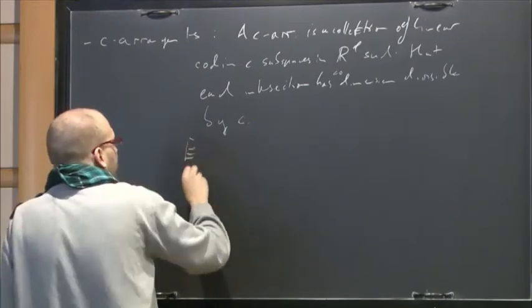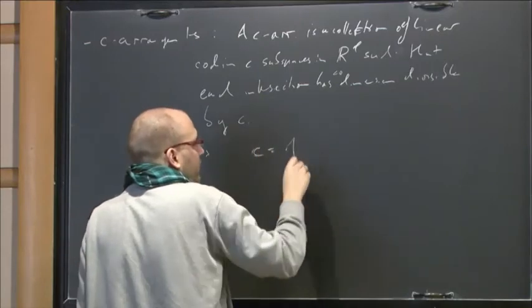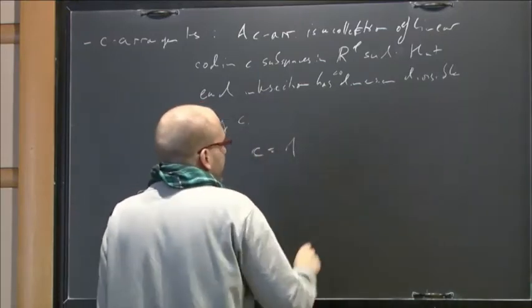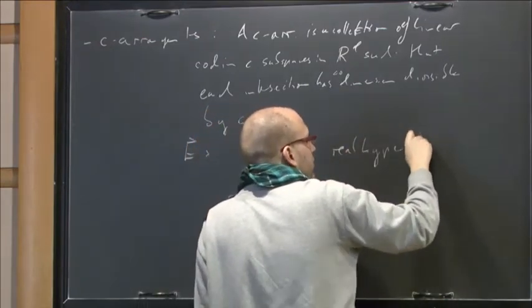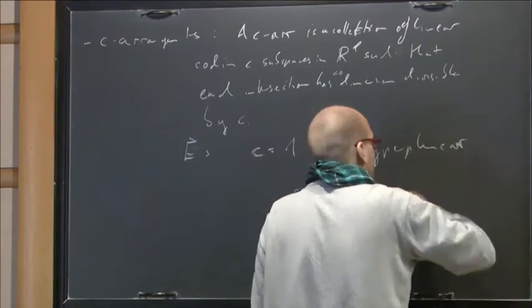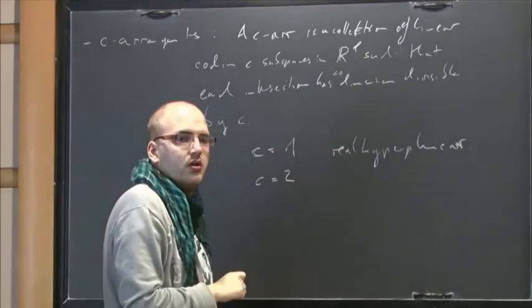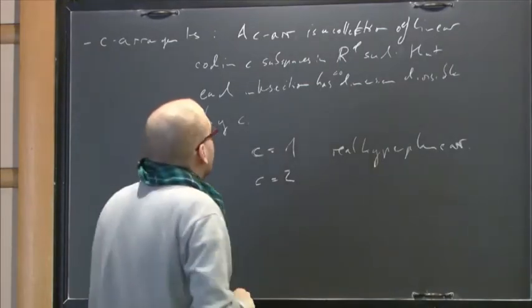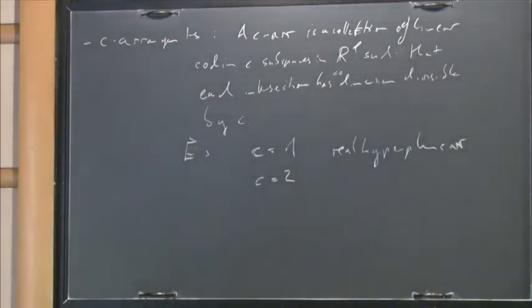So, examples of C arrangements. For C equal 1, these are just real hyperplane arrangements. For C equals 2, a C arrangement is a collection of codimension C subspaces such that every intersection has codimension divisible by C. Okay?